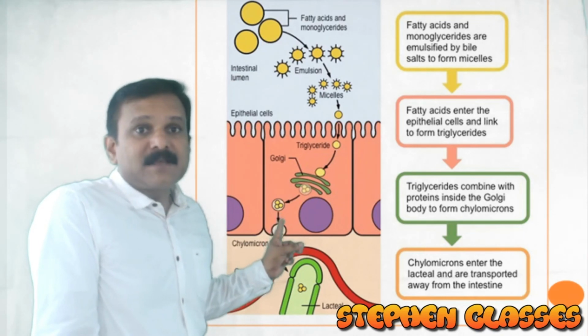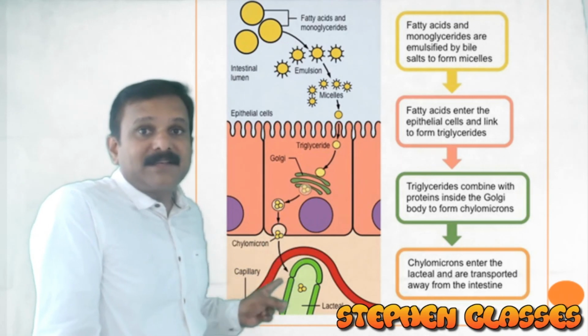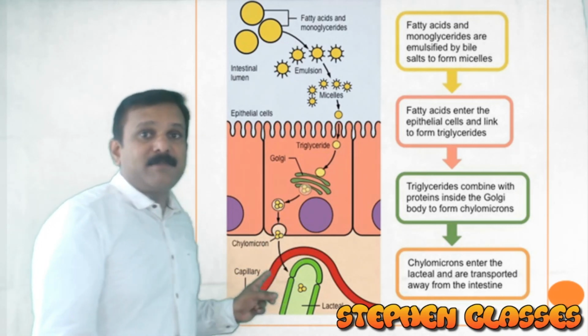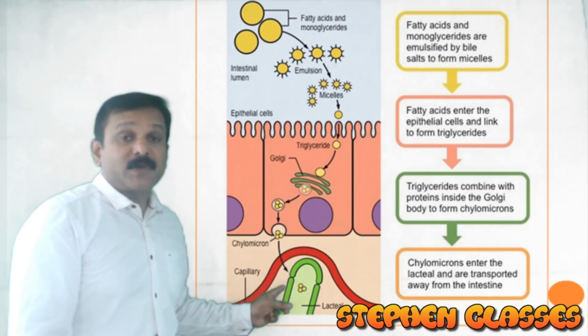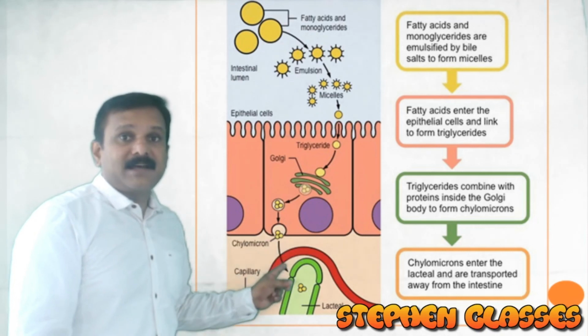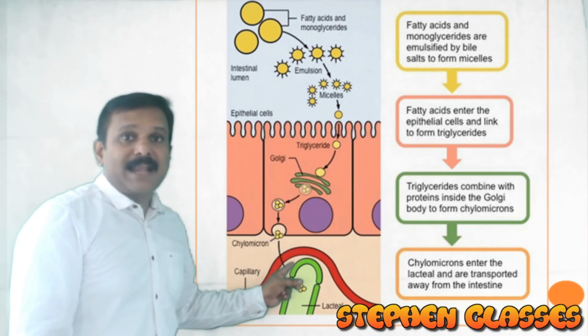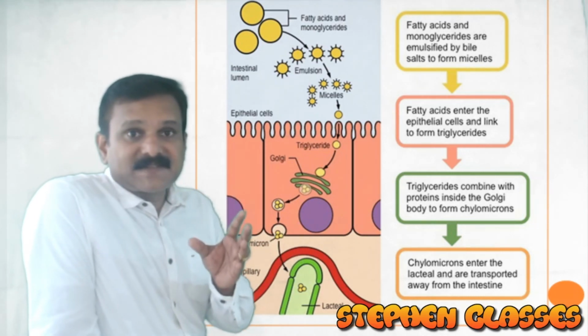Now what happens? Chylomicrons, they enter the lacteal. Here in this green portion, the chylomicron is shown. Sorry, the lacteal. So chylomicrons will enter the green part called lacteal. Lacteals are the extensions of the lymph vessels.